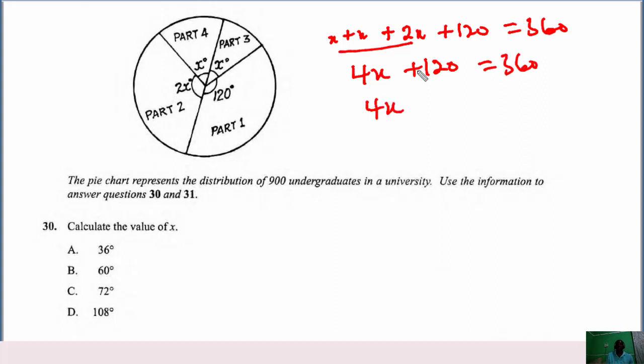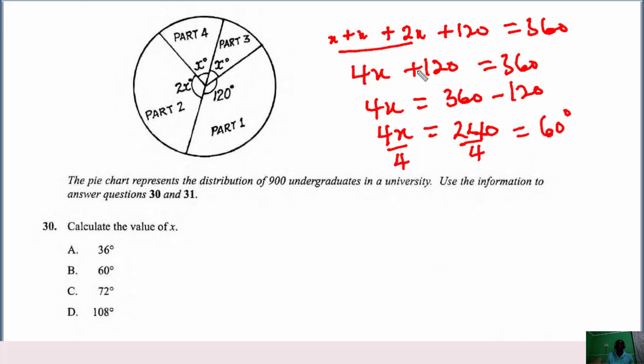So 4x is equal to 360 minus 120. So 4x will give us 240. Then if you divide both sides by 4, 240 divided by 4 will give us 60 degrees. So the answer is here, 60 degrees. Then shade it.